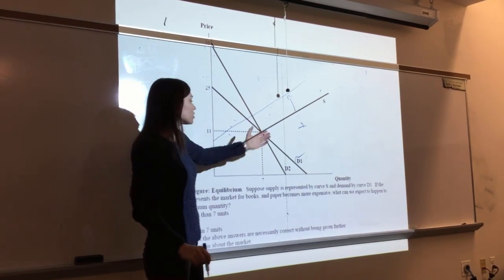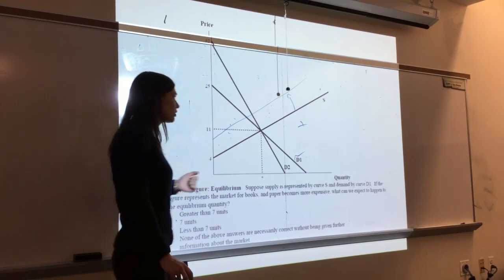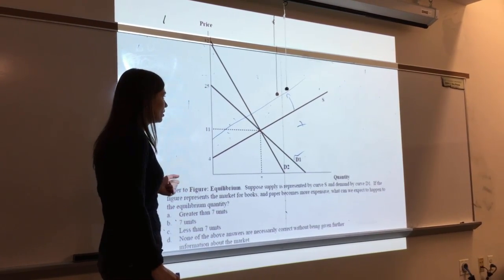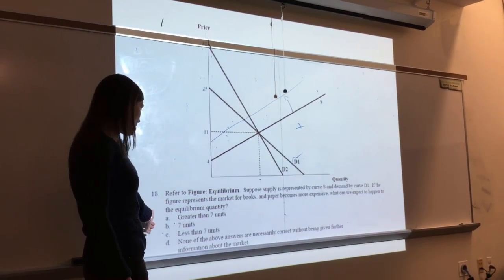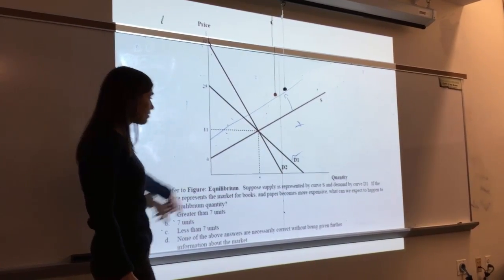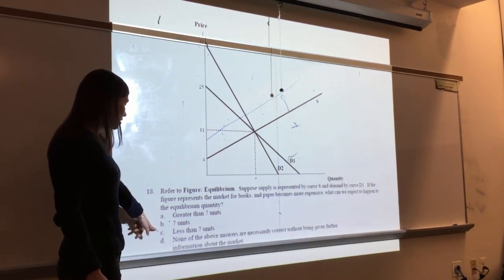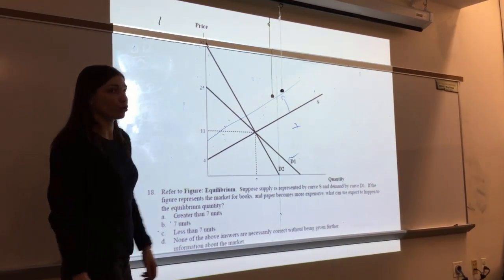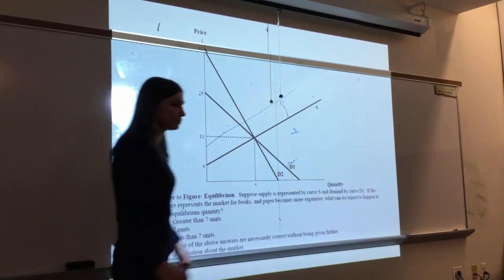The question is what's going to happen to the equilibrium quantity? It's going to decrease, right? So it's not going to be greater than 7. 7 was the original one. It's not going to be exactly 7. It is going to be less than 7 for sure. All right, so this is C.